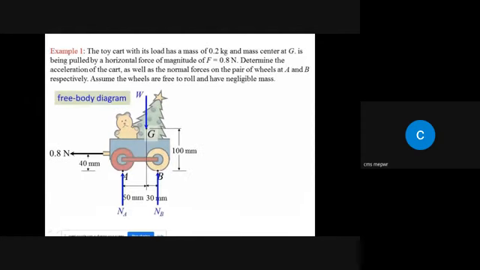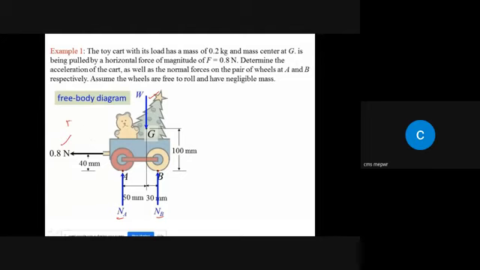In the free body diagram, the weight acts at point G, and the normal forces at wheel 1 and wheel 2 are represented by NA and NB. If you want to draw the corresponding kinetic diagram, we replace the force by its inertial effect.